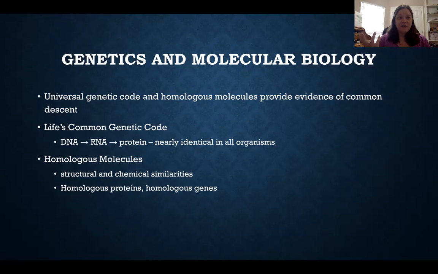I can't think of a good example. I guess insulin. All mammals would probably have insulin, and you can trace that back to the gene that codes for it, and the genes would be very similar no matter which animals you're looking at. They would not necessarily be identical, but they would be very, very chemically similar.